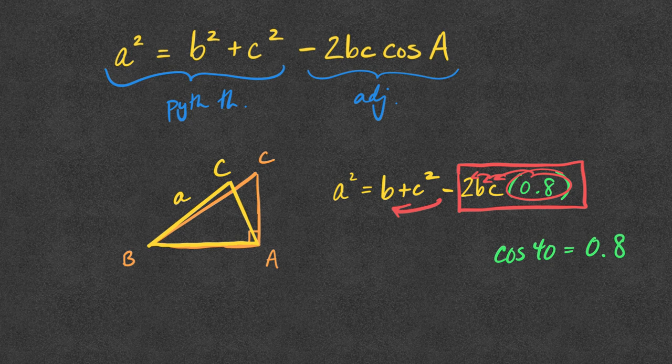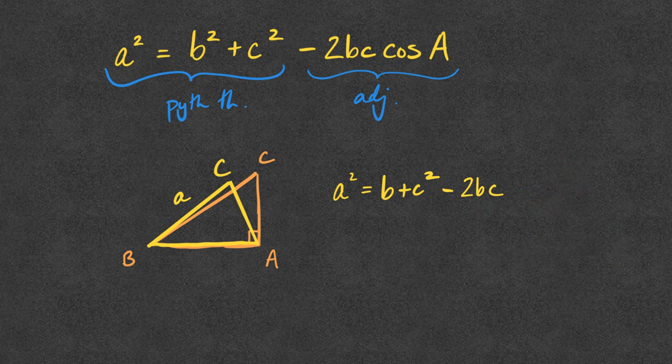So notice, A is not as big as it could be if it was the hypotenuse, because I'm taking off the boxed in part. I'm making it smaller. And if you look back at your diagram, you notice A became smaller. Nice. So what cosine law is, is Pythagorean theorem adjusted. It's adjusted for the triangle not being right.